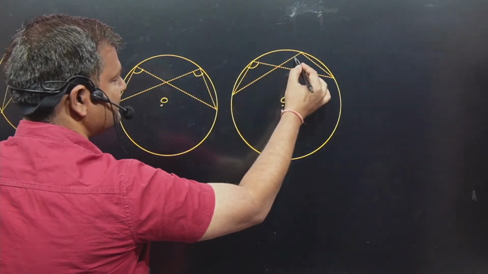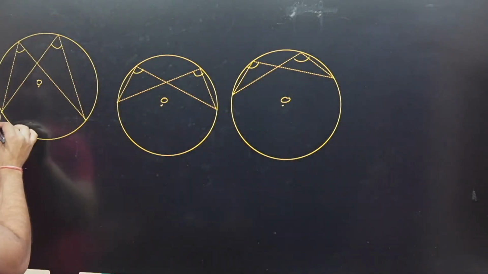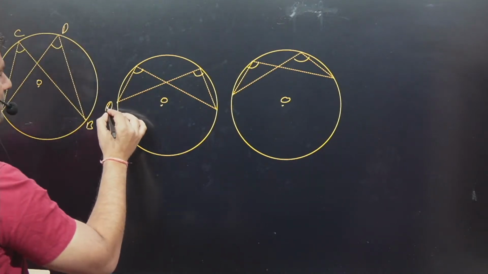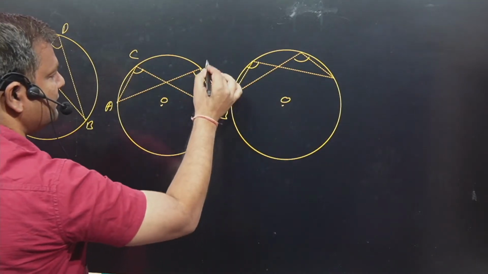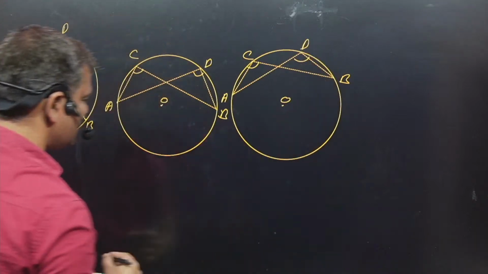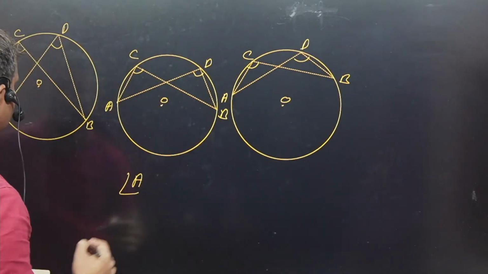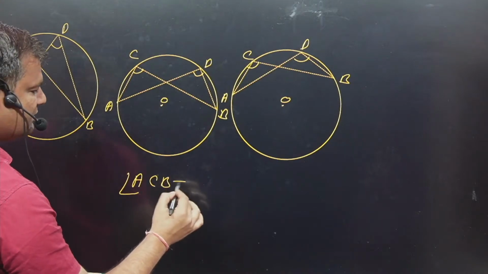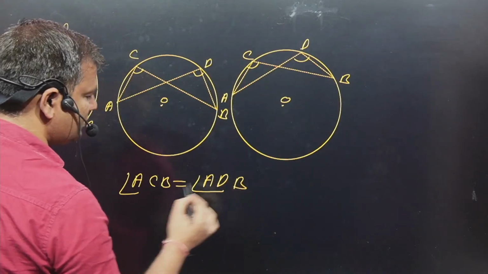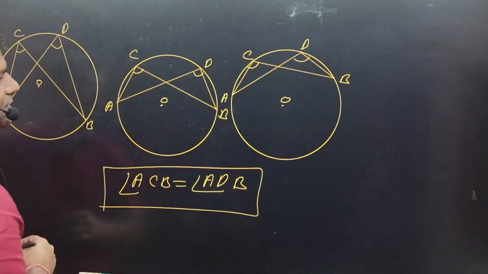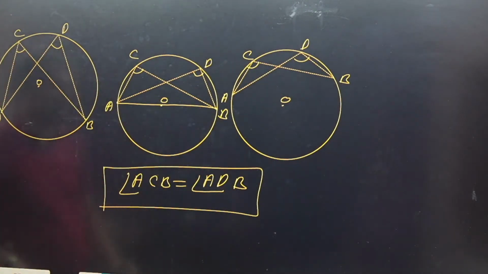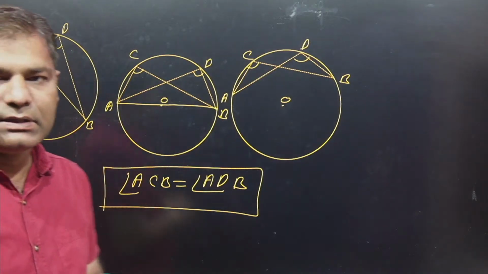Here A, C, B, and here D. In these 3 cases, I will prove that angle ACB will be equal to angle ADB, always. And this one is basically the diameter. So finally, we got it. I hope it is clear.